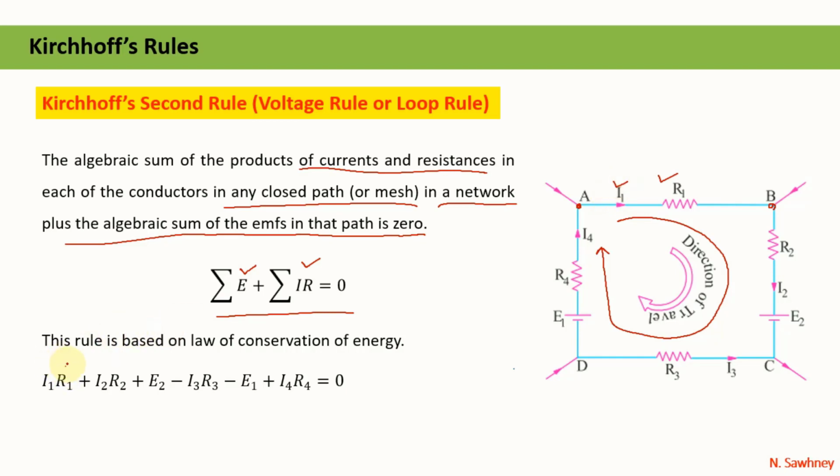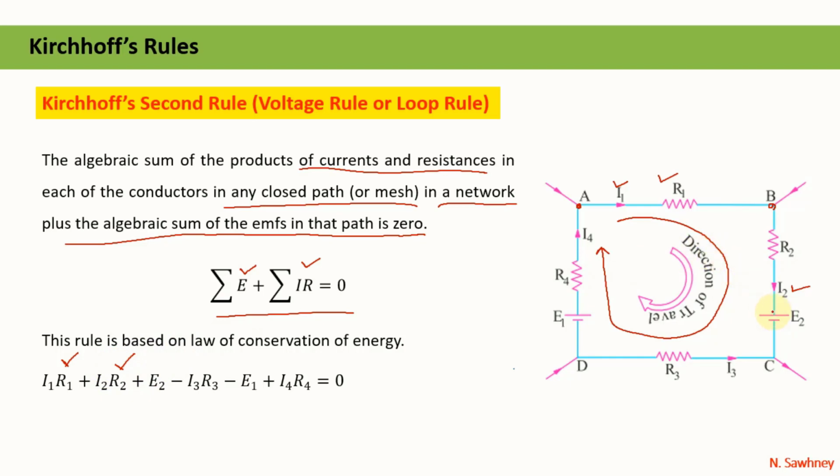Likewise, I have done here I1 R1. Now from B to C, there is one resistor and one source of EMF. So the current flowing from B to C is I2, and again we are traveling in the same direction as the marked current, so the product will be taken as I2 into R2. Likewise, here I have written.